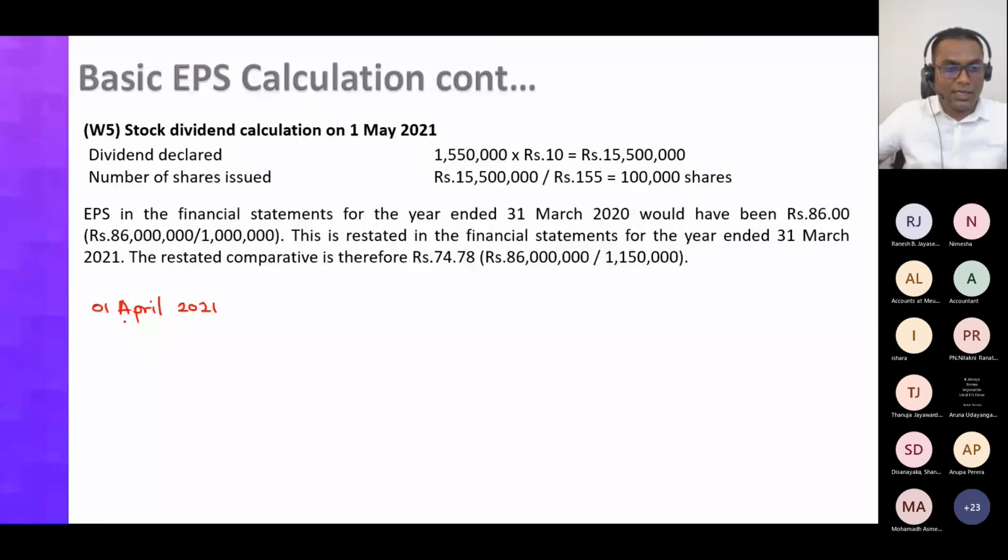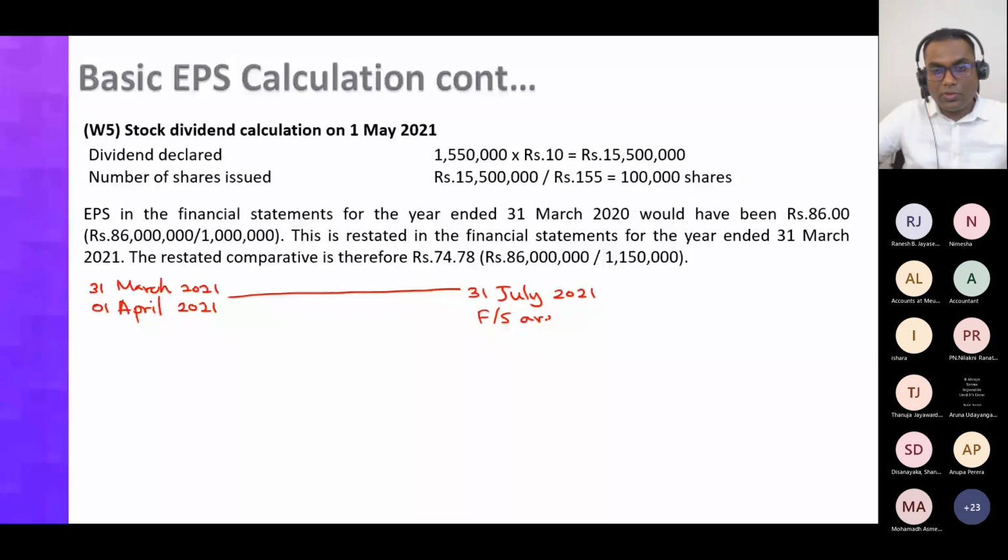The year end falls on 31st March 2021 in the current year. Then my financial statements are authorized for issue, as per the question, on 31st July 2021.